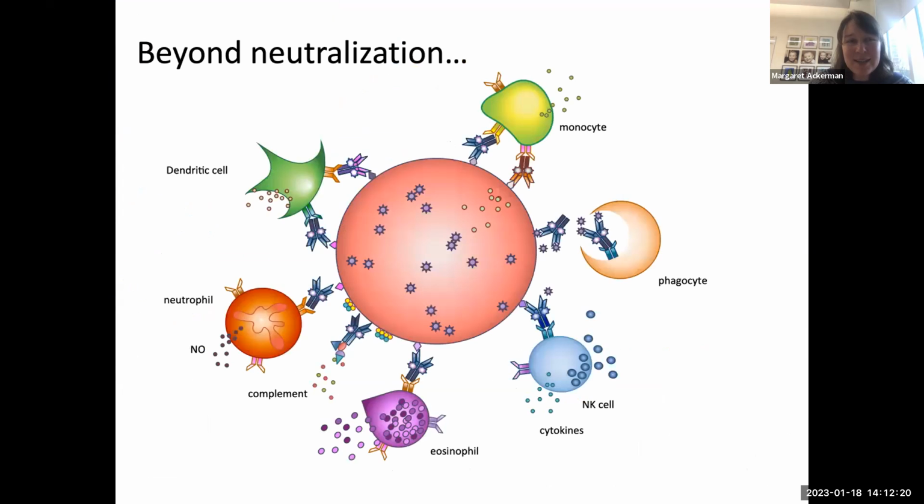I just wanted to start by noting that there's a lot of emphasis on neutralization and evasion of neutralizing antibody responses in the context of SARS-CoV-2 variants, but neutralization in and of itself is an in vitro artifact. That's not the real way pathogens are cleared or effectively neutralized in vivo.